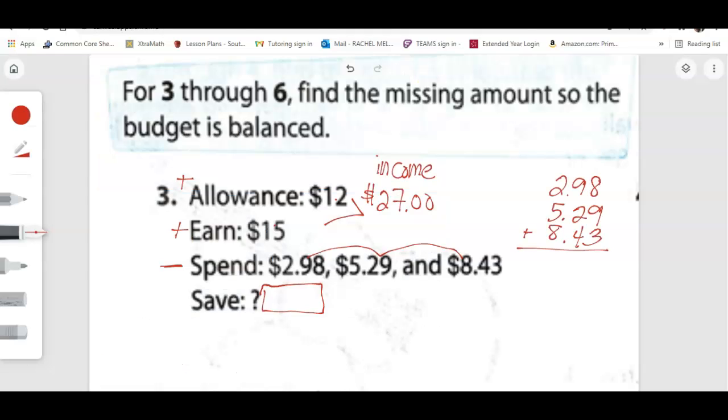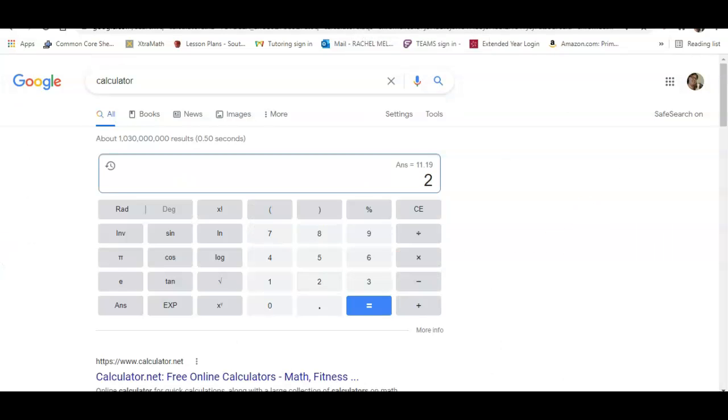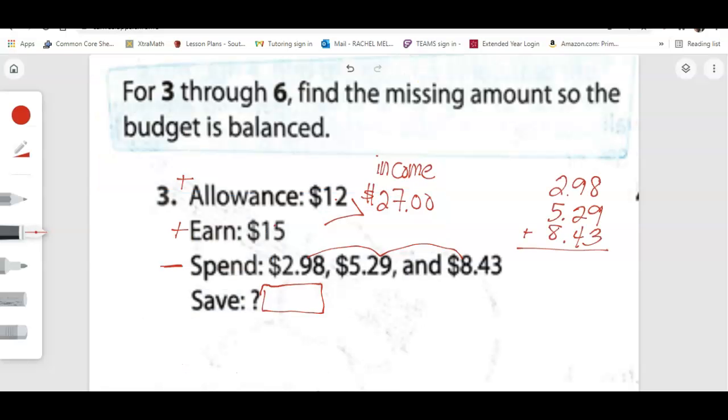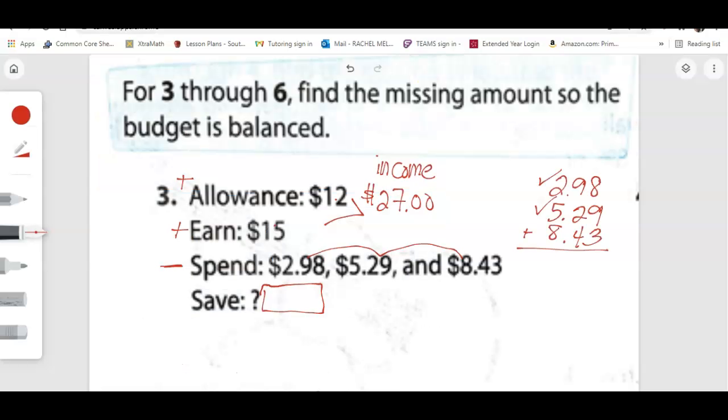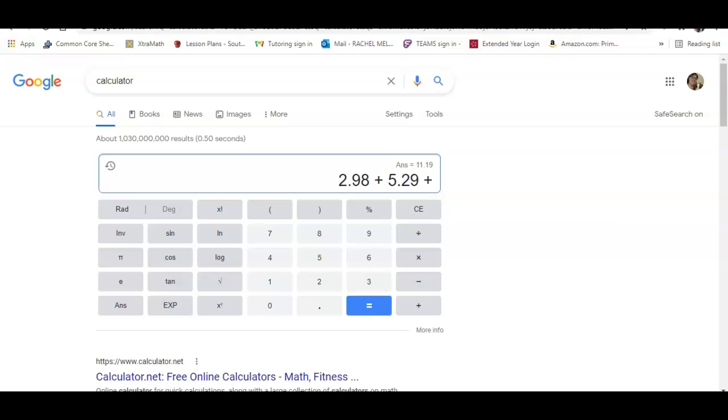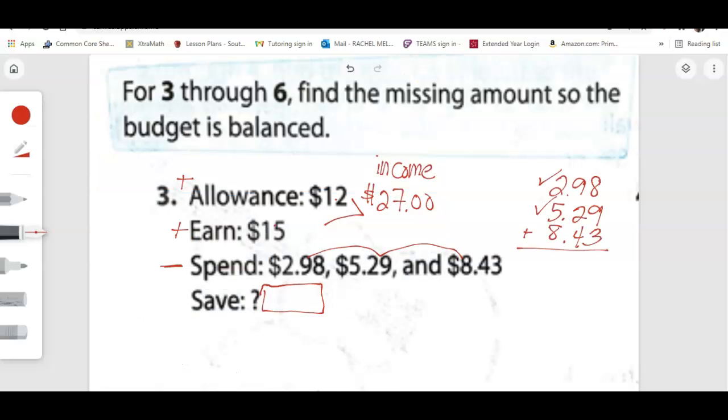My first amount is $2.98 plus $5.29 plus $8.43. Okay, equals $16.70. So again, this is my expenses.